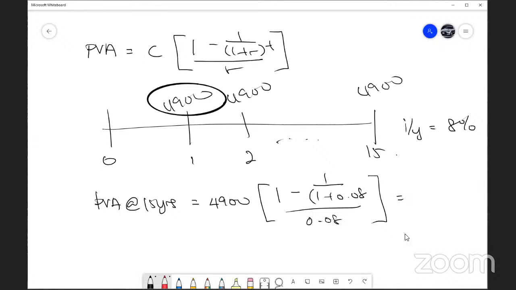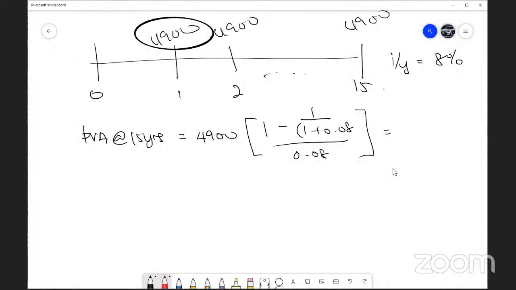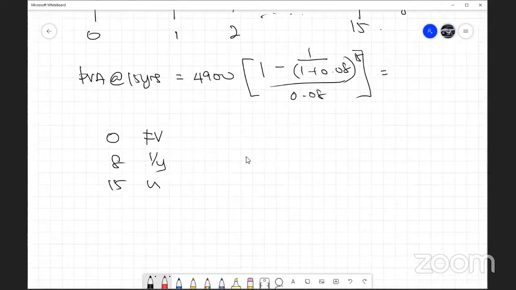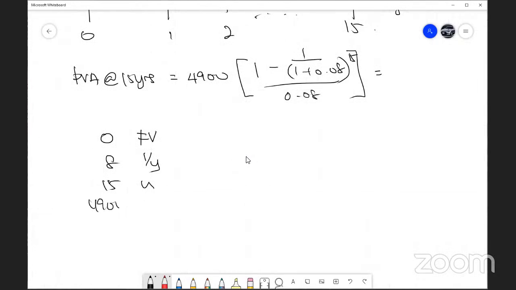For those who use a calculator, you just need to put FV as 0, 8 for IY, and 15 for N. Sorry, I forgot about the years. 15 for N, 4,900 for payment, and then you compute PV.